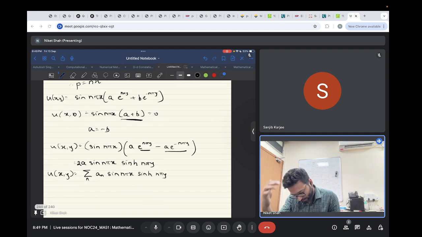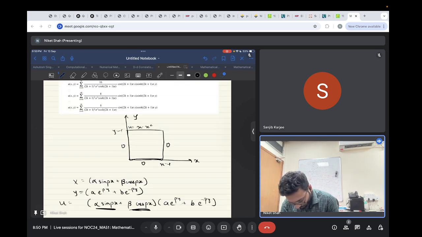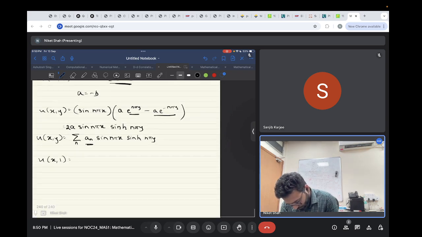Now the final boundary condition, which will give me the form of a_n, is u of x comma 1. Y is 1. So u of x comma 1 is equal to the sum over n of a_n sin(n pi x) sinh(n pi).